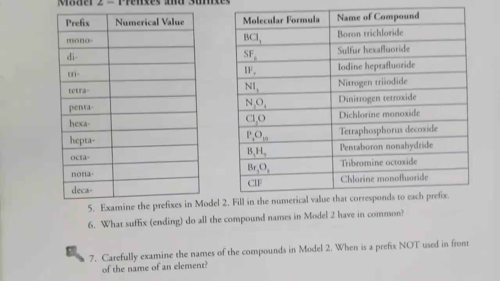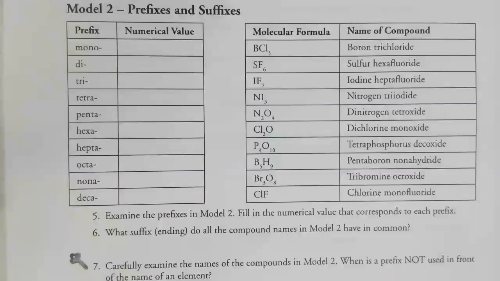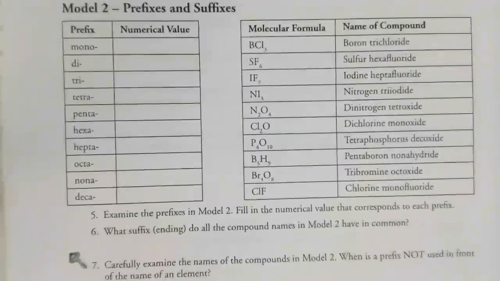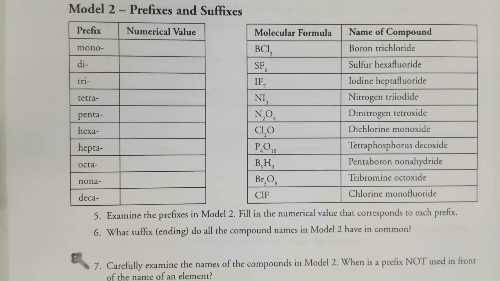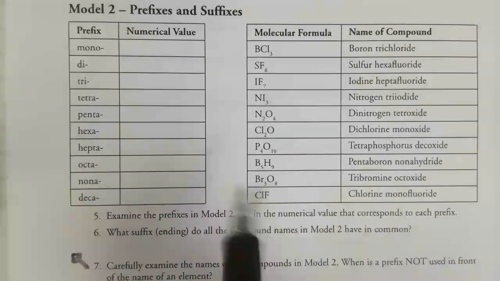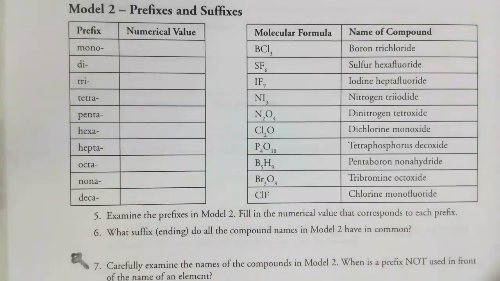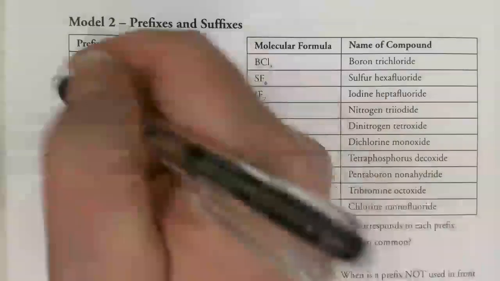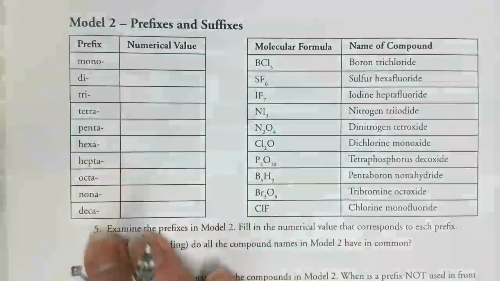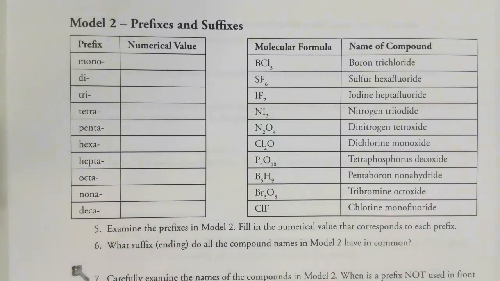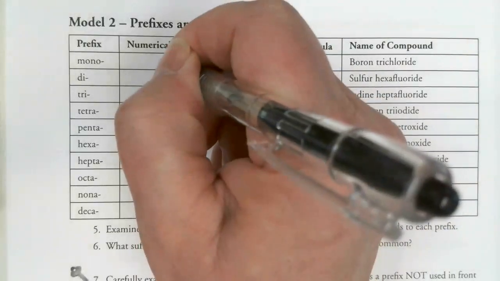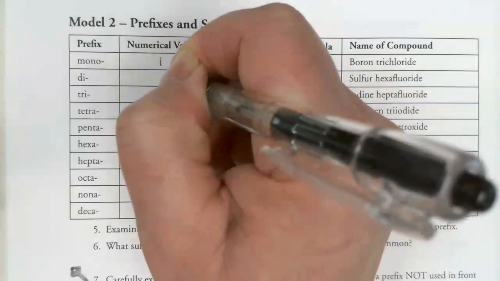First and foremost, there is a list of prefixes because they're not always what we expect. Like a lot of people expect bi to be two, but it's not. So the numerical values and the prefixes that are associated with them are here in Model 2, and it really just goes down 1 through 10.